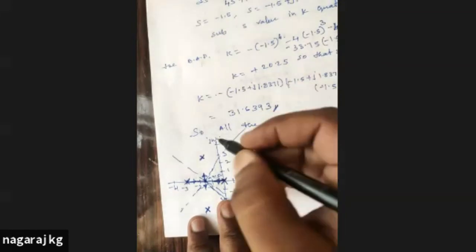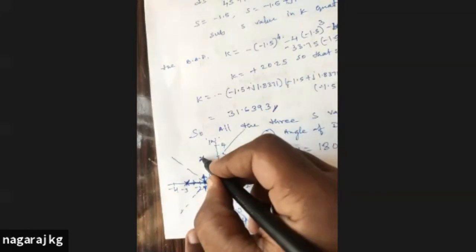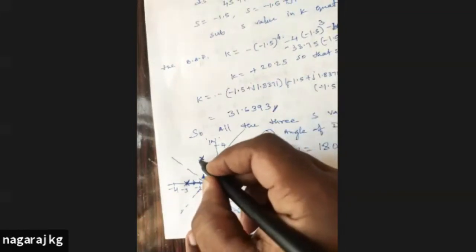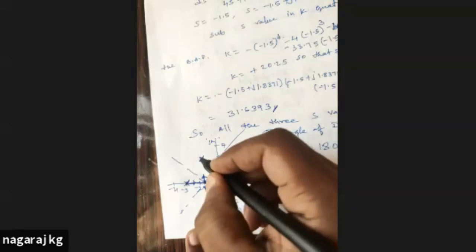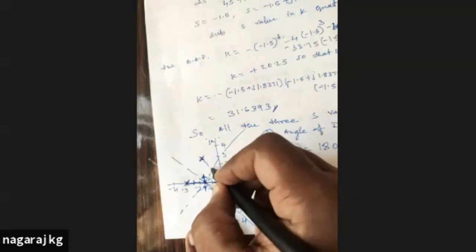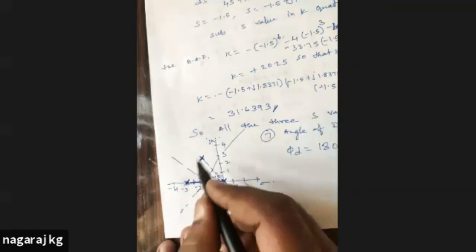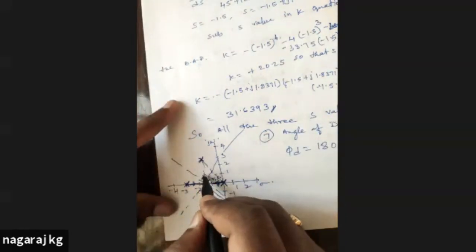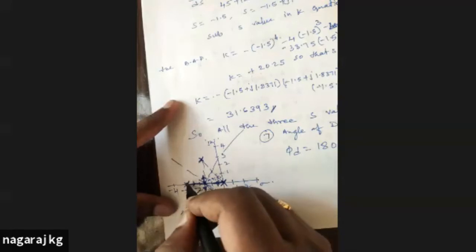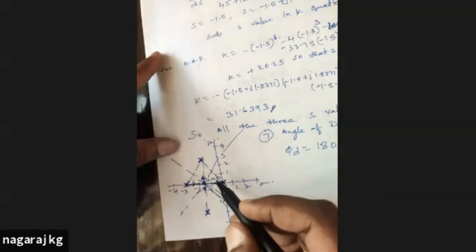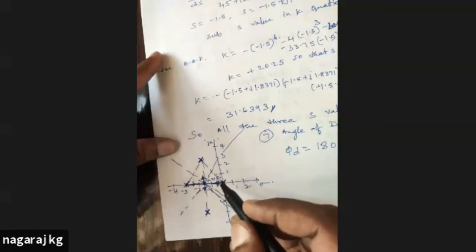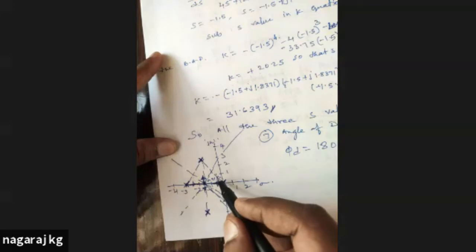Suppose you take this complex pole. You have to draw imaginary lines from the other poles to join this complex pole. Then find out the angle made by each imaginary line with respect to the positive real axis.